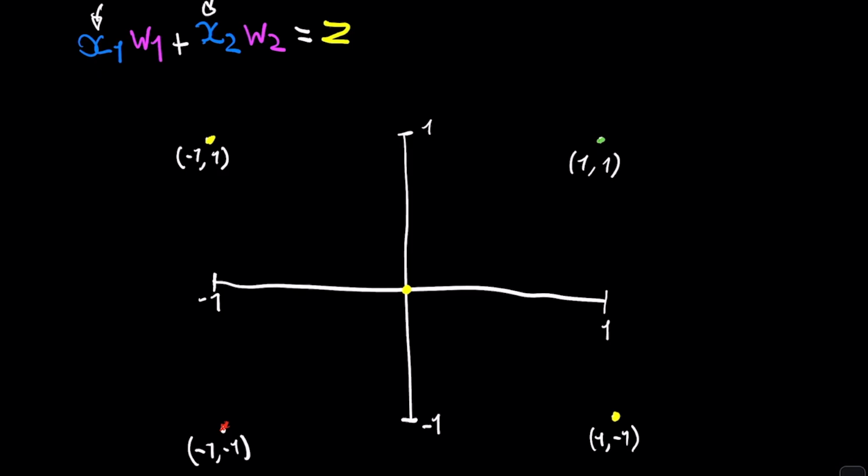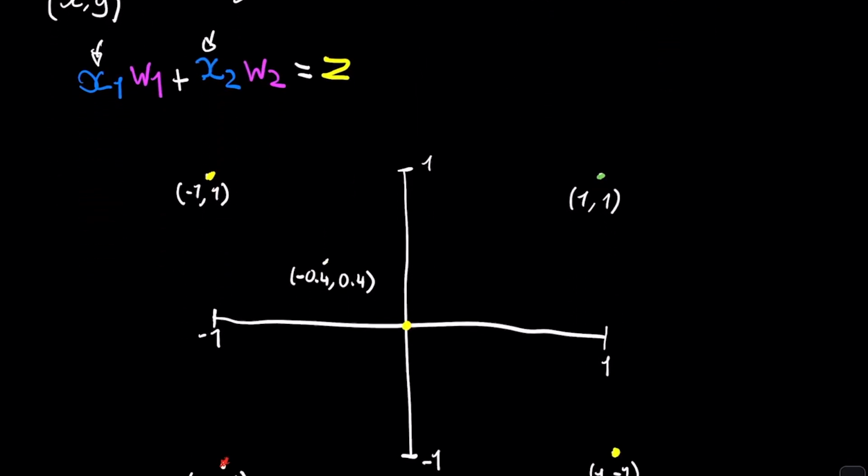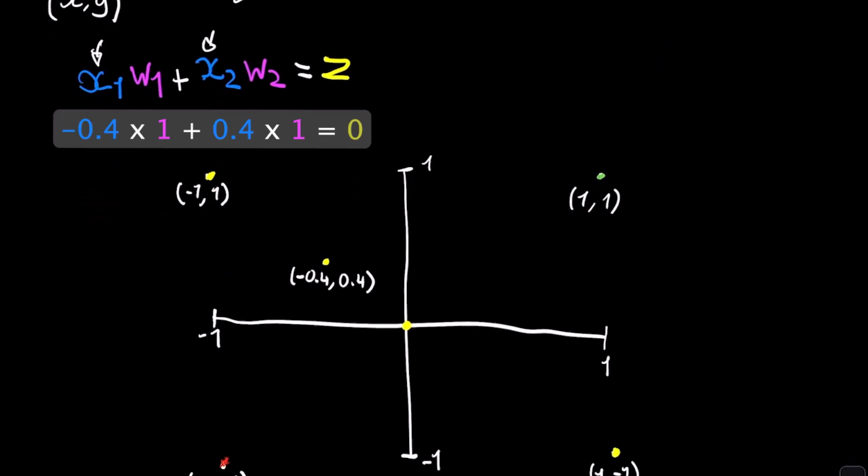So, for example, say we were to sample a point that's -0.4 on the x-coordinate and 0.4 on the y-coordinate. If we were to plug in that input point to our machine, with the current weight configuration we're looking at for this example, the score would also be 0.